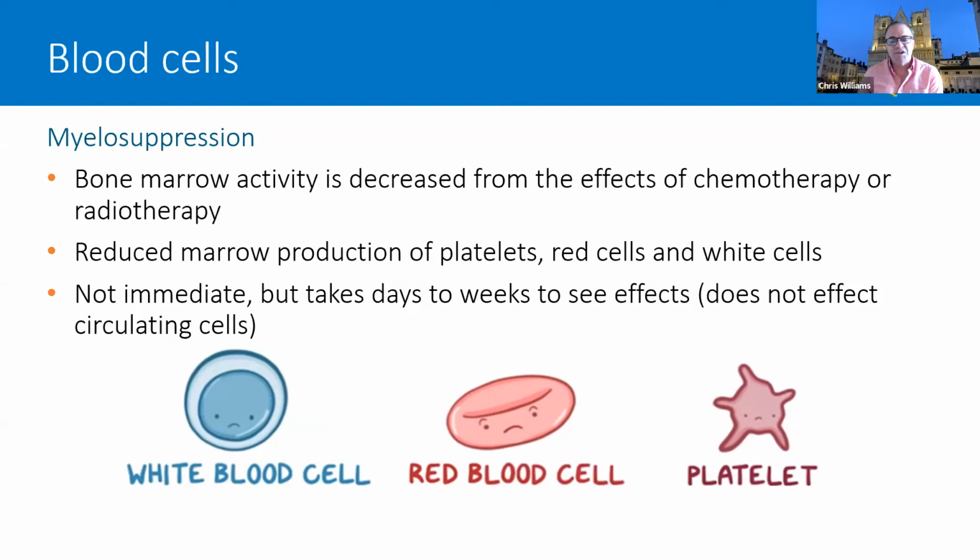Reduced marrow production of platelets, red cells and white cells are the 3 groups that we most worry about. It's important to understand it's not actually affecting those circulating red cells and white cells and platelets that are in our blood, but it's actually affecting the tiny stem cells that are growing and trying to produce into the bone marrow, who are very sensitive to the side effects. And that's why it takes a little while for these effects to take place, and it's usually 7 to 10 days.